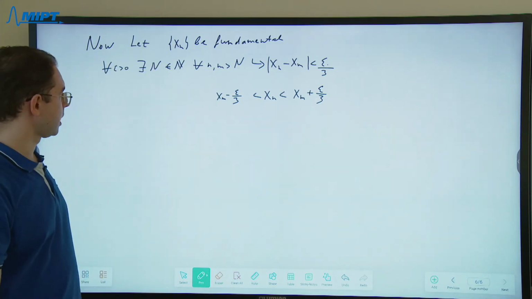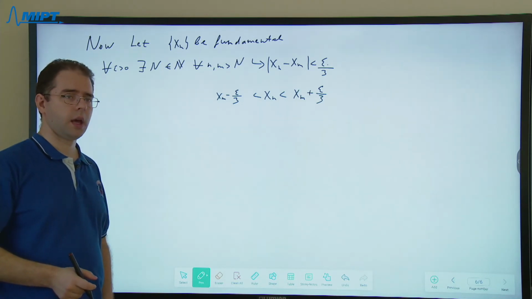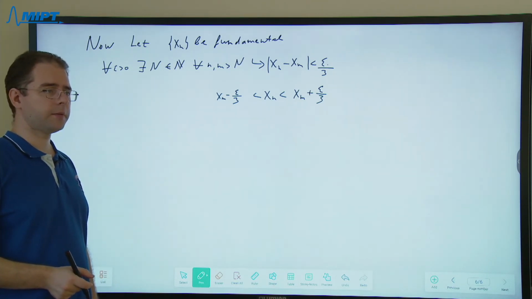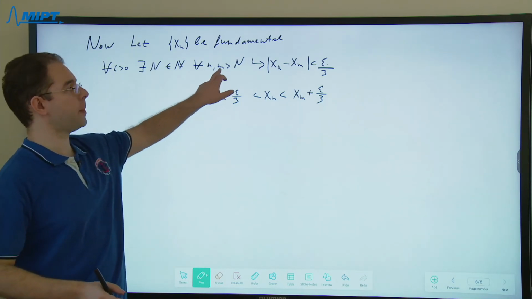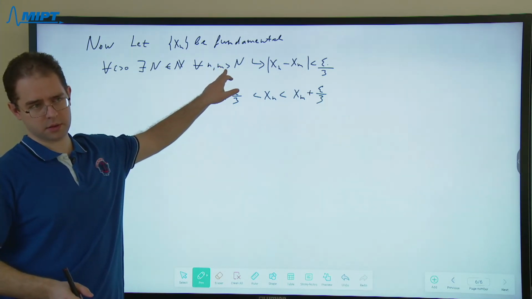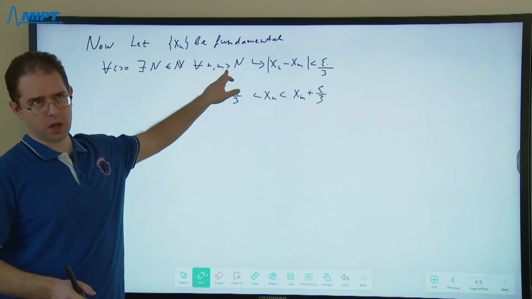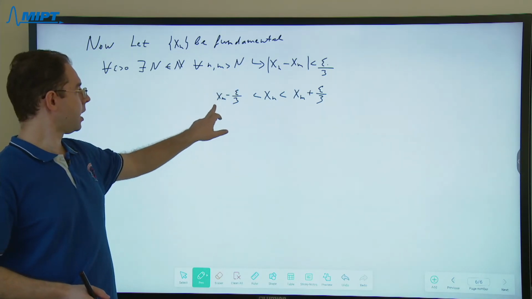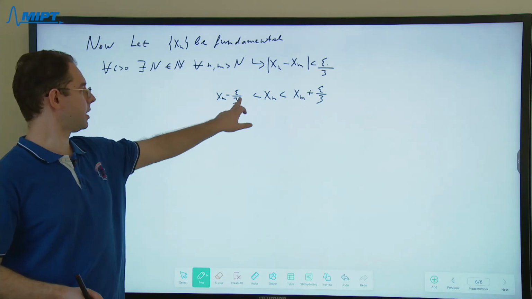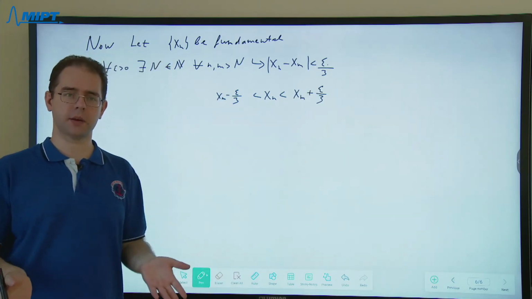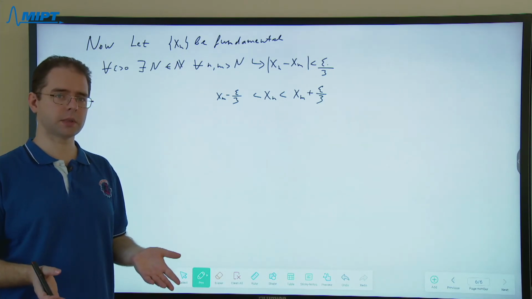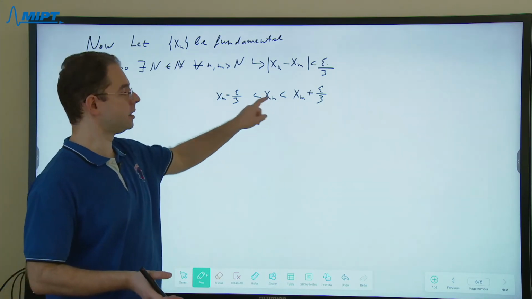So, if I fix the number m, then this number on the left side and this number on the right side are some fixed numbers. They do not depend on n.